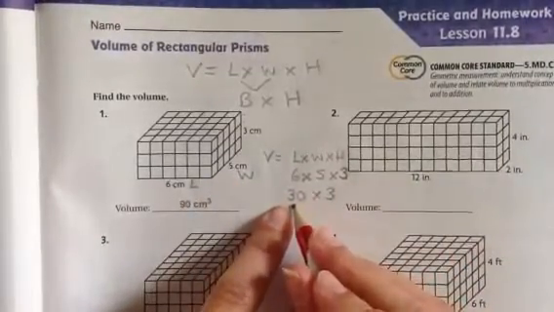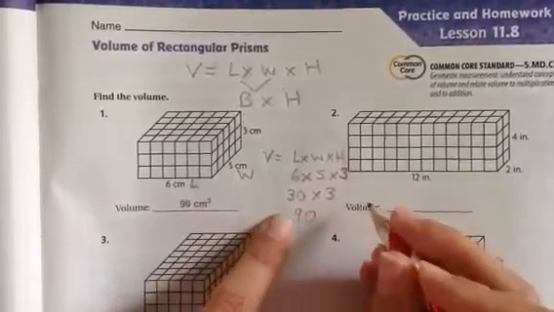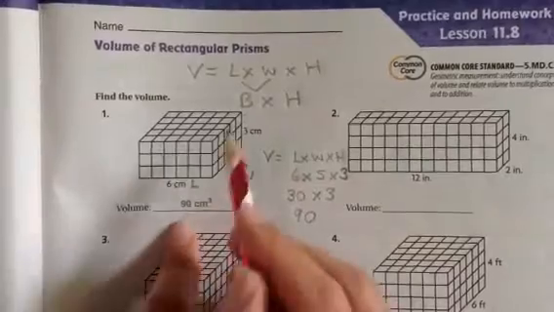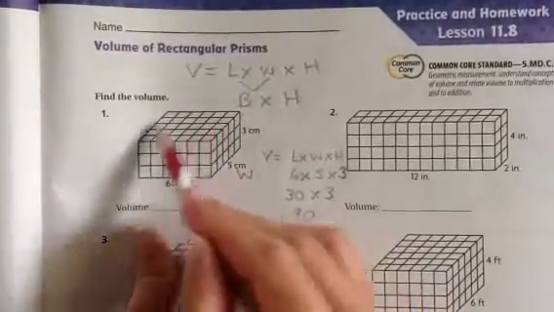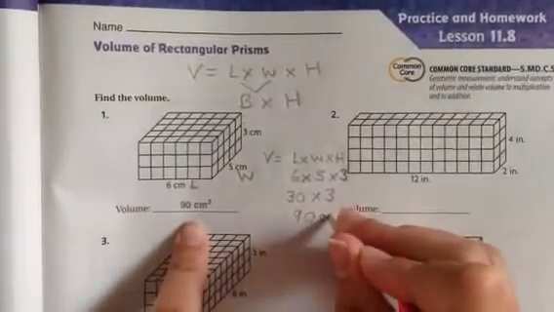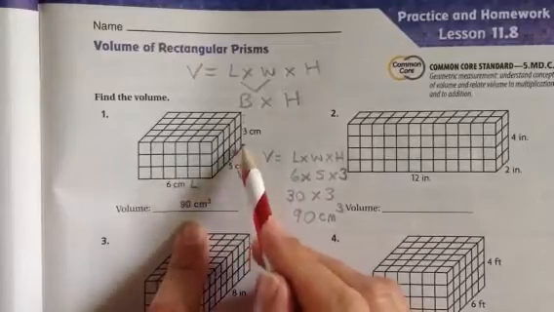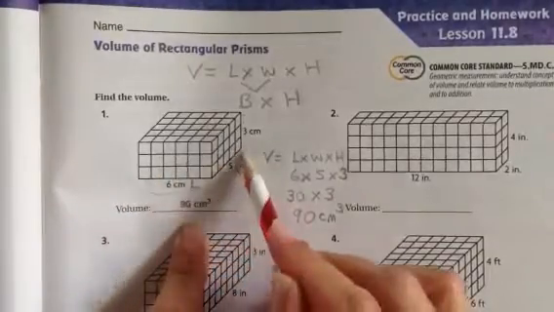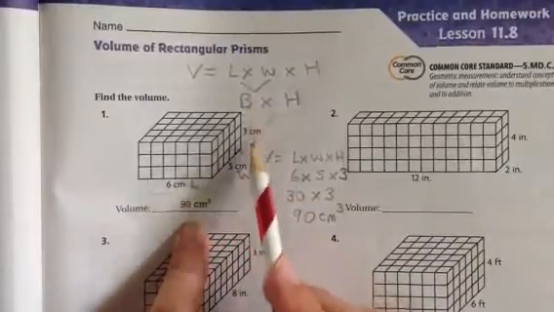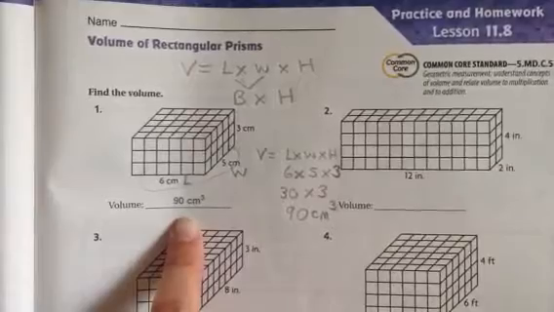And now we can say 30 times 3 is 90 total centimeters cubed. So that means that there's 90 total cubes in this figure. Okay, so again, we're looking at the base, which is the length times the width, 30 times the height, where we're adding that third dimension.